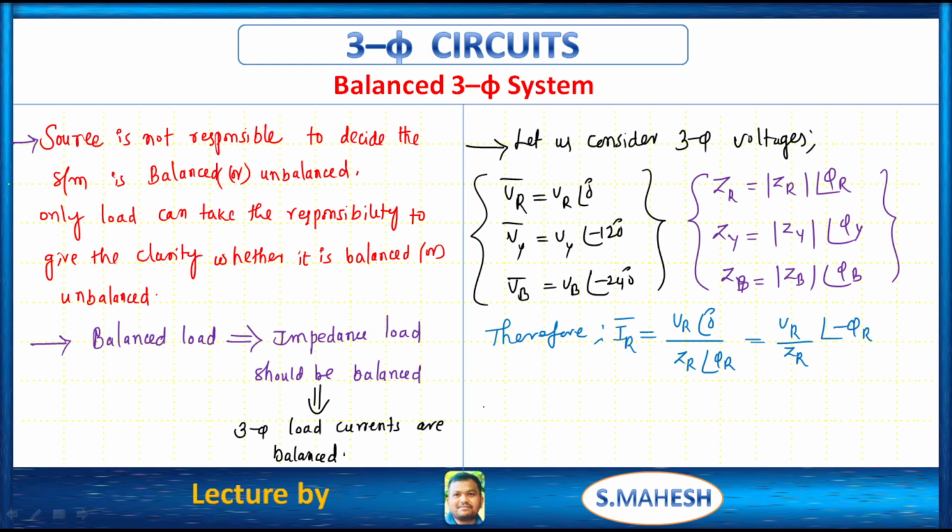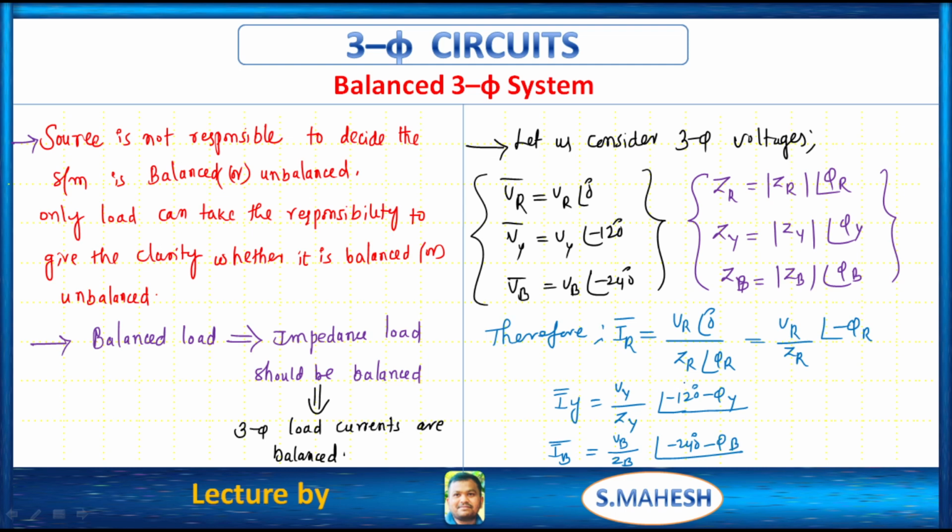Like that, IY equals VY by ZY at an angle minus 120 minus phi Y, like that IB equals VB by ZB at an angle minus 240 minus phi B.